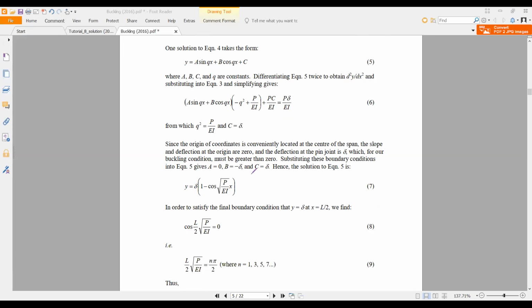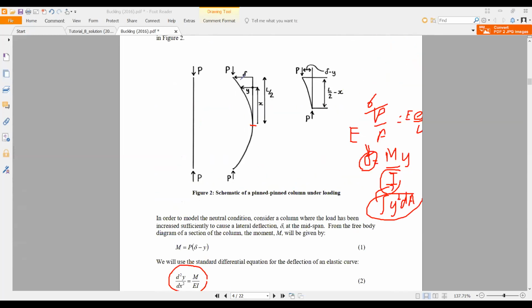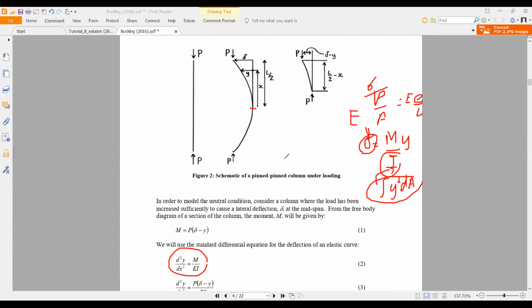So we know the 2 end conditions. One condition is in here, the deflection is delta. And in here, the deflection is 0. Or if you consider it the other way, in here deflection is 0 and in here delta, either.